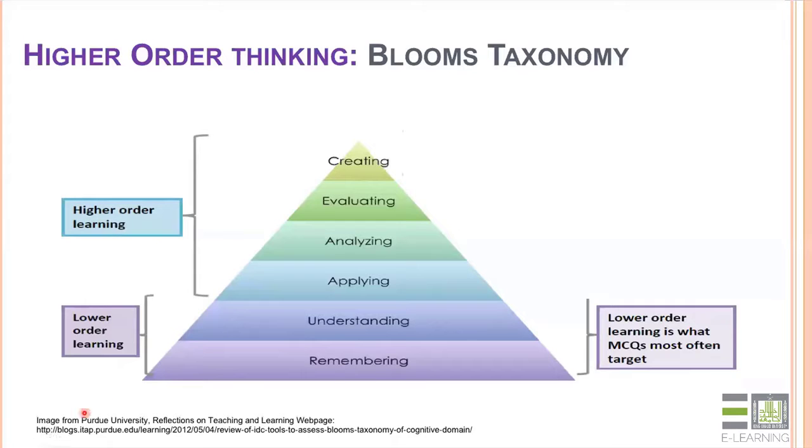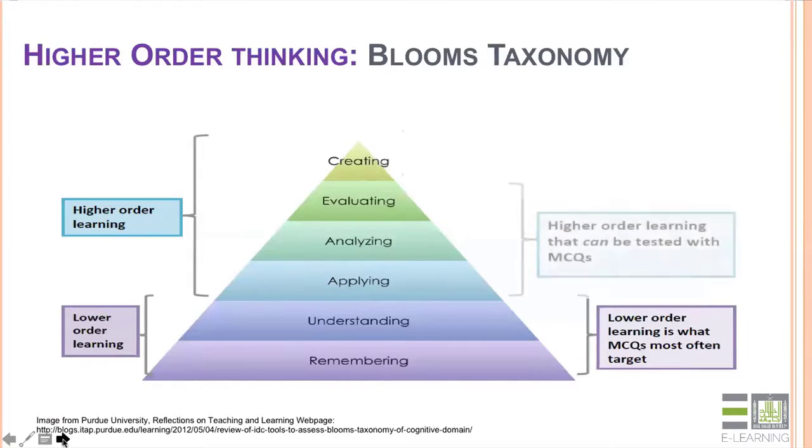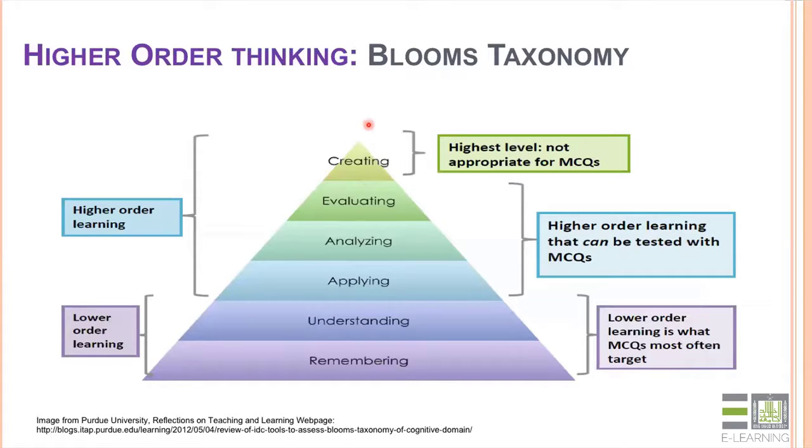Higher order thinking falls within the top four categories, so from applying to creating. And commonly, you can assess higher order thinking by structuring questions that ask students to apply, analyze, or evaluate information. Now, it's very rare that you will see a multiple choice question that asks students to create or generate new ideas.